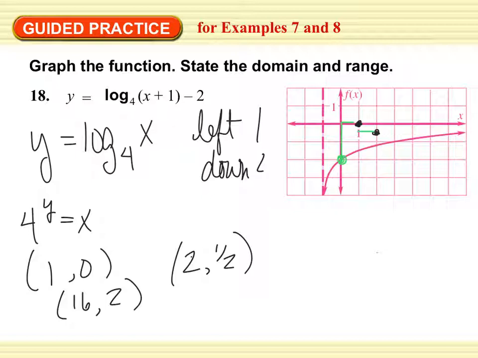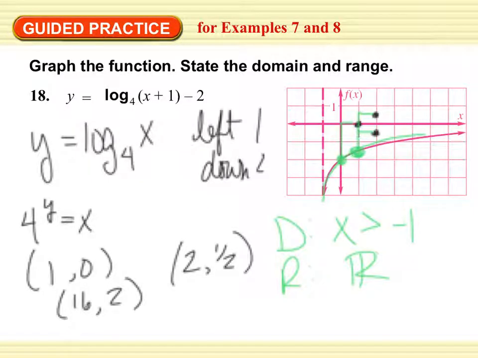That black dot is not correct. Over 2 up 1/2. Over 2 up 1/2. Thank goodness. Now let's go back to green. Left 1 down 1, 2. Woohoo! My new curve. What's my domain? X is greater than -1, and my range is all real numbers.